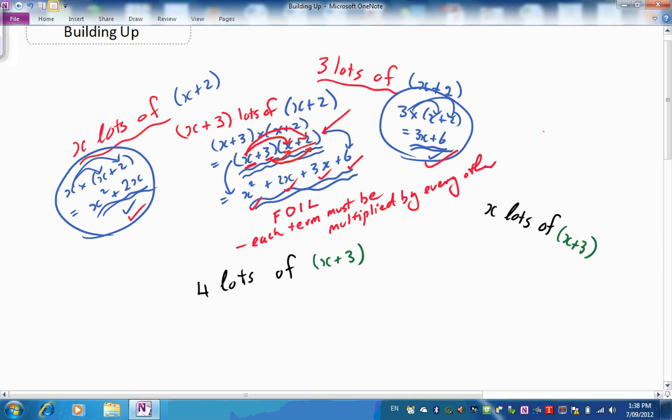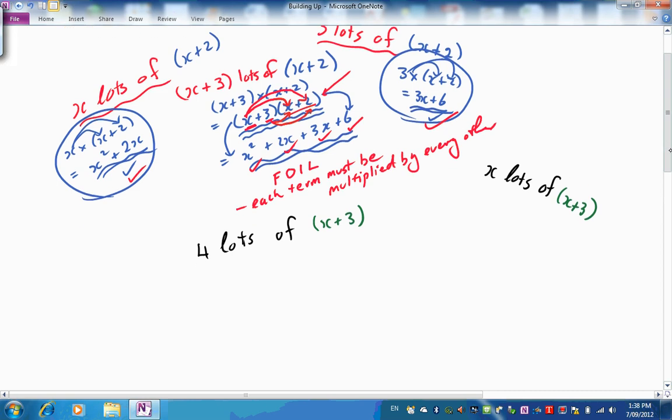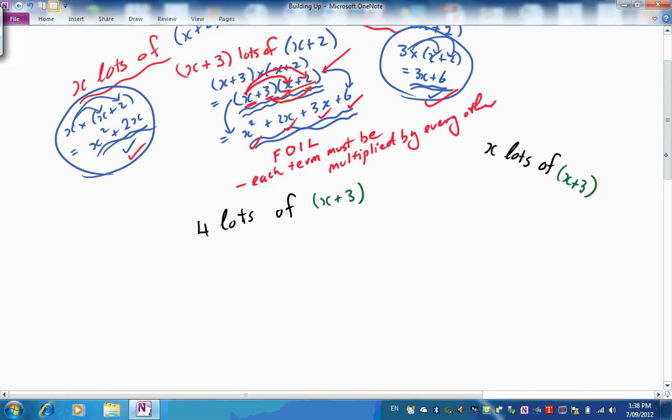Have a look. Let's come down here and look at another one. 4 lots of x plus 3 and x lots of x plus 3. Now what have we got? Well, we have 4 plus x lots of x plus 3.